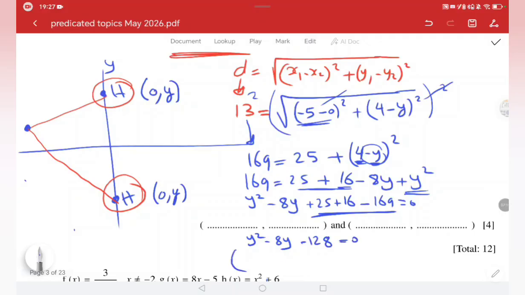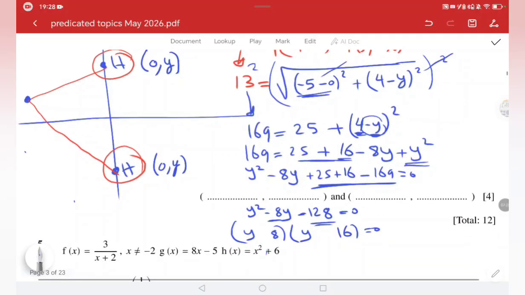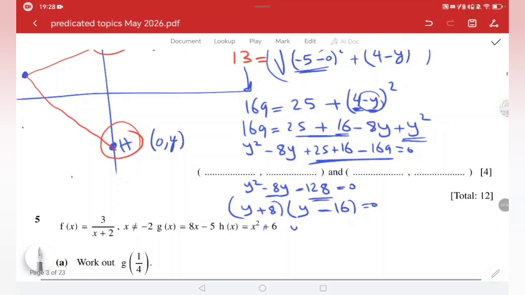To factorize this one, two brackets, so y times y. 128, okay, it will be like 8 times 16 to give you the sum to be minus 8. So the big number will take the same sign of the middle, so this one will be negative and this one will be positive. Okay, so in this case, y plus 8 equals to 0, so y equals to negative 8, or y minus 16 equals to 0, so y equals to 16.